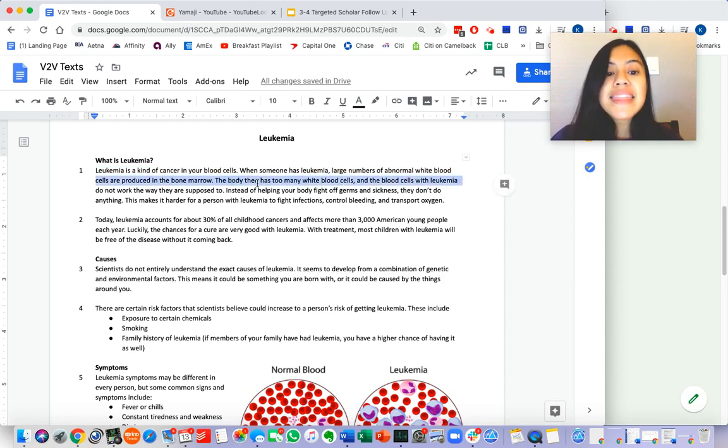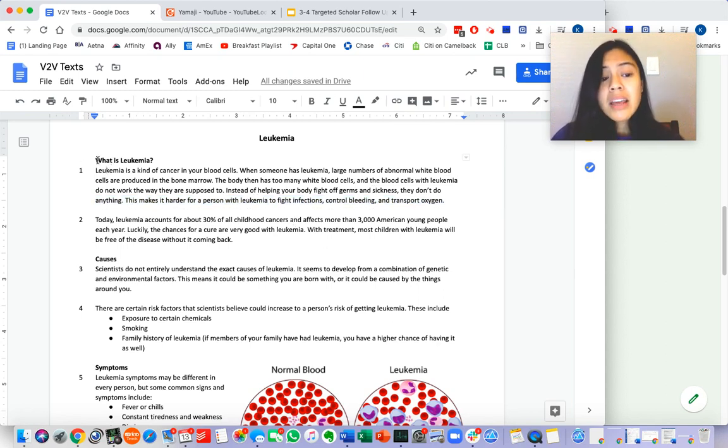The body then has too many white blood cells, and the blood cells with leukemia do not work the way that they are supposed to. Instead of helping your body fight off germs and sickness, they don't do anything. This makes it harder for a person with leukemia to fight infections, control bleeding, and transport oxygen.